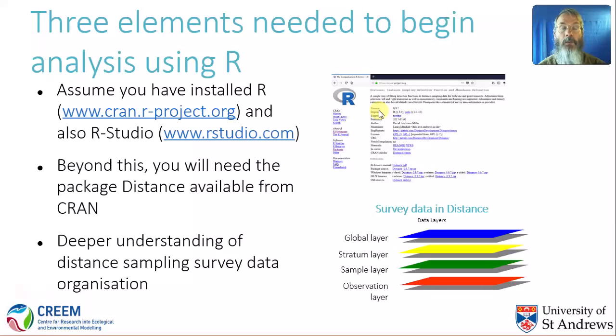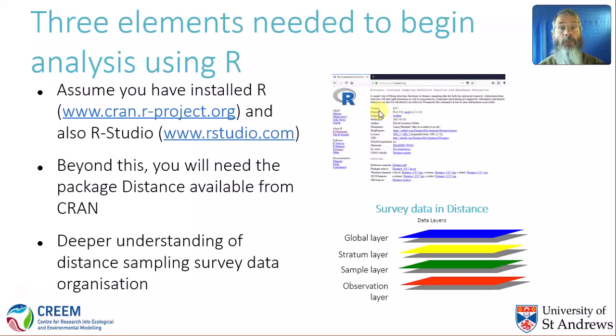At the next layer below that in the hierarchy, you may have broken your study area into geographic subregions or strata, and there will be attributes or information about those strata that you may record. Further down the hierarchy are then the samplers or the transects that you place in all of your strata.